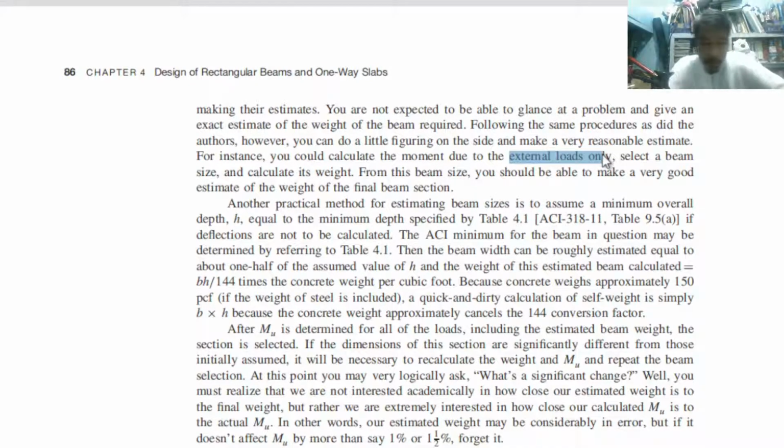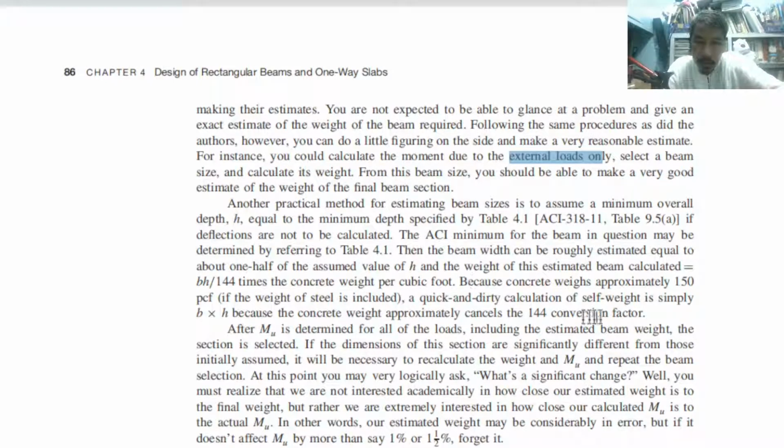Another method to estimate beam sizes is to assume a minimum overall depth h equal to the minimum depth specified by Table 4.1, or Table 9.5 if deflections are not to be calculated. The beam width can be roughly estimated equal to about 1/2 of the assumed value of h, and the weight of this estimated beam is calculated as bh over 144 times the concrete weight per cubic foot.